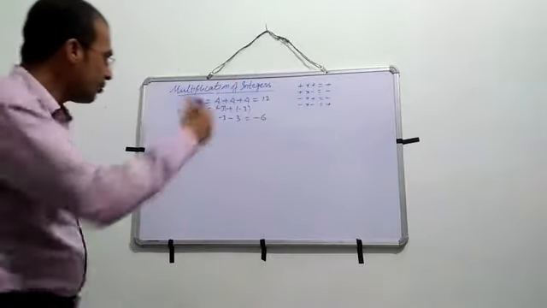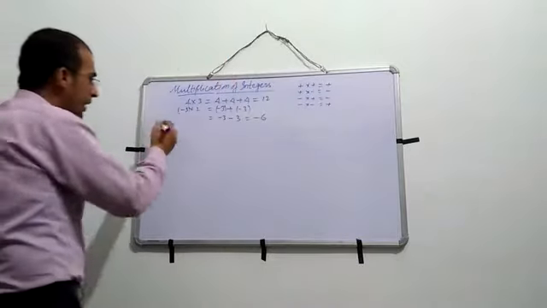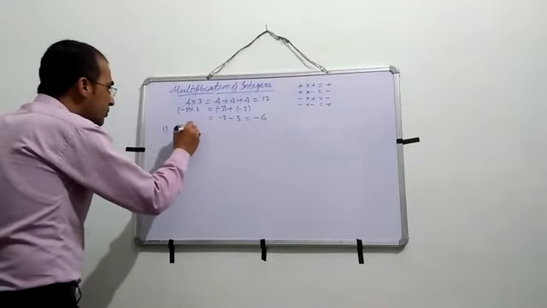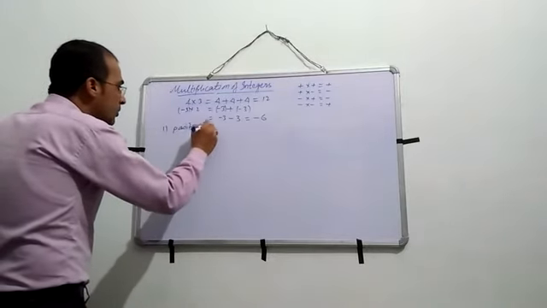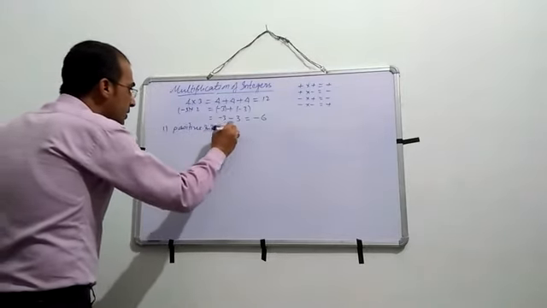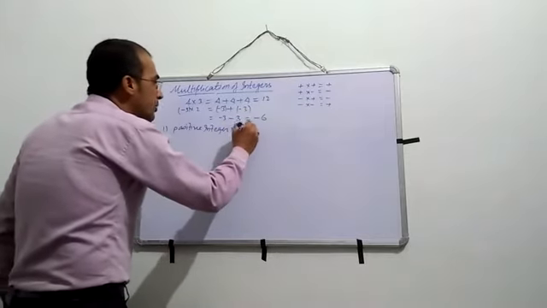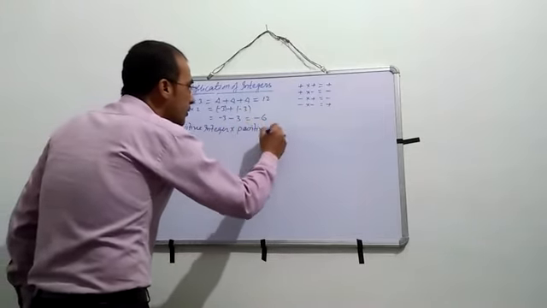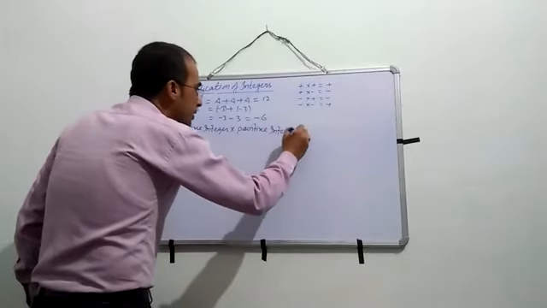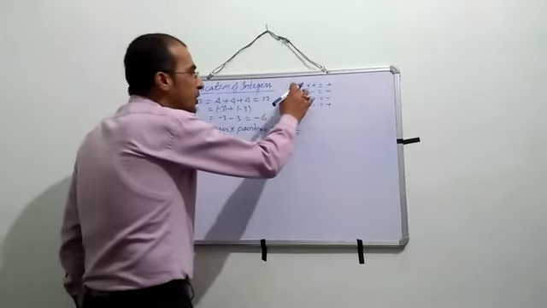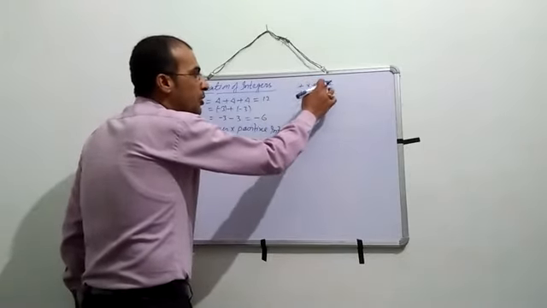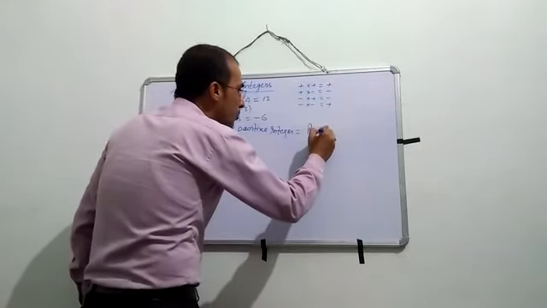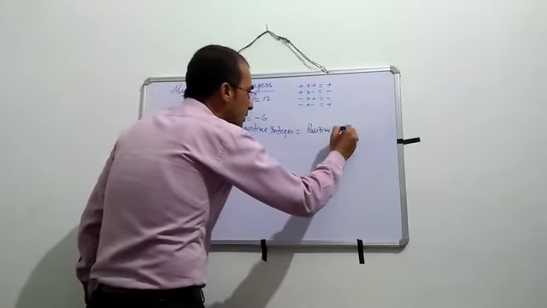So first: positive integer into positive integer, always a positive integer.